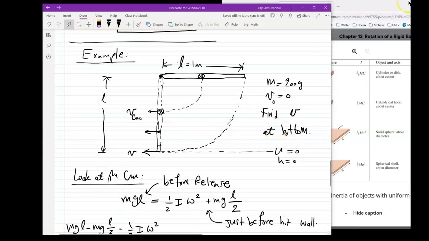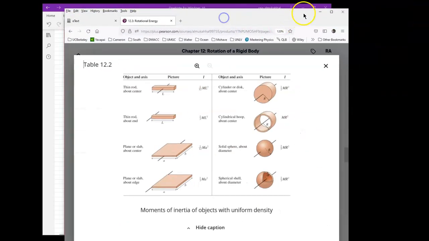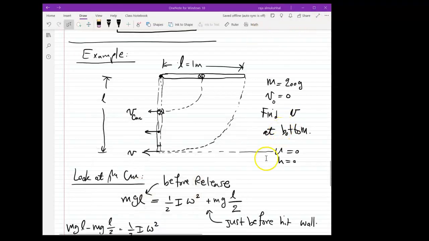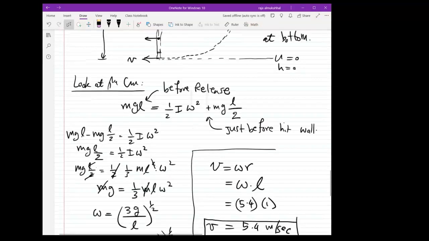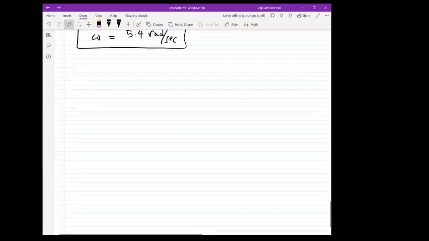Okay, the next topic that I want to talk about is a very important topic. It's called the parallel axis theorem.